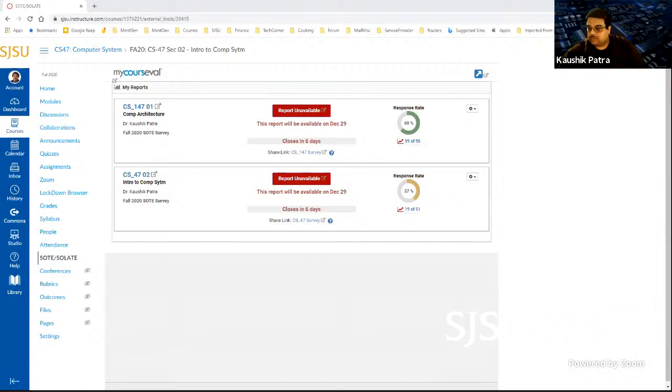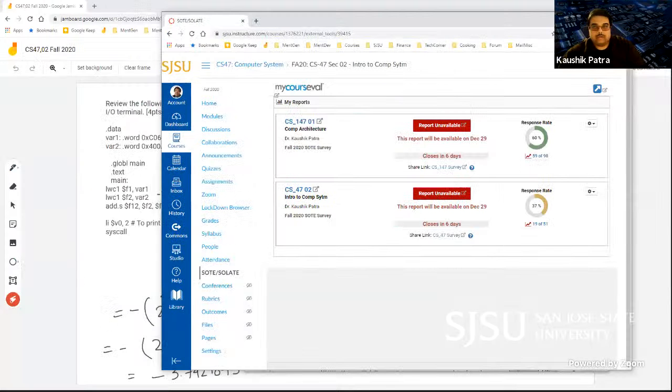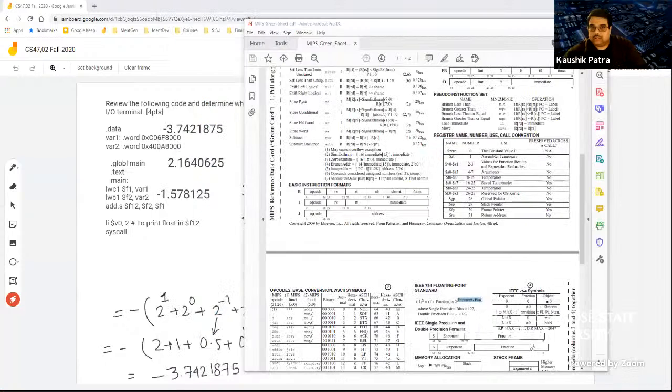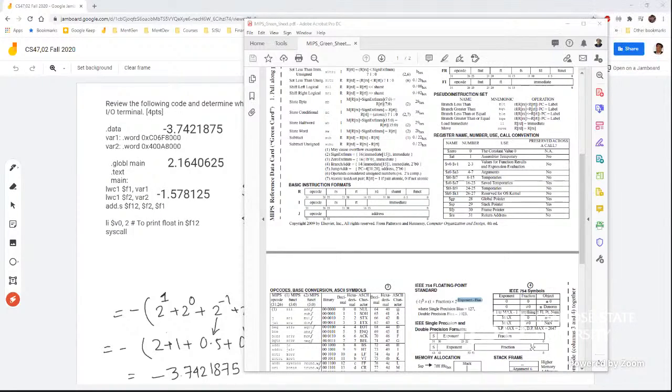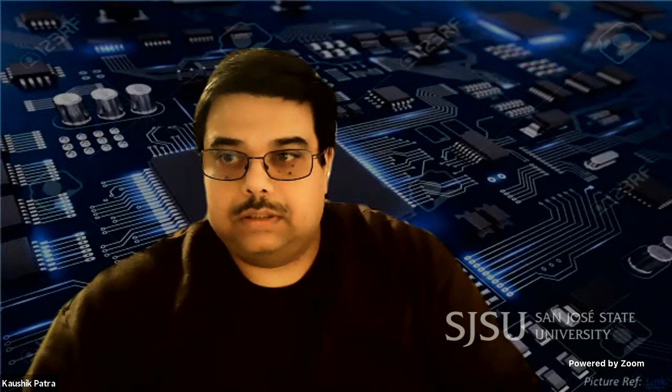Is there a study guide for the final? Can someone please explain what a study guide is? Usually it covers just a broad outline of the topics that might be on the final. Yeah, the final is everything.